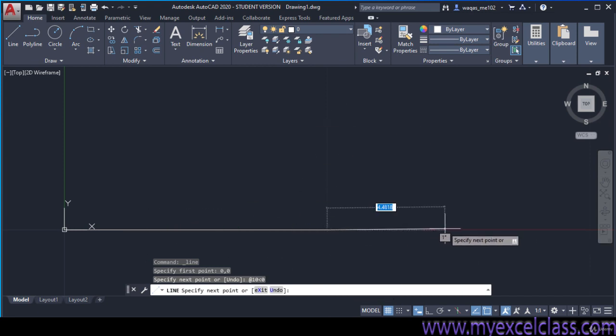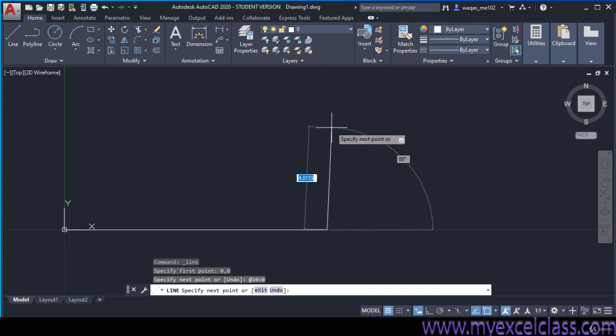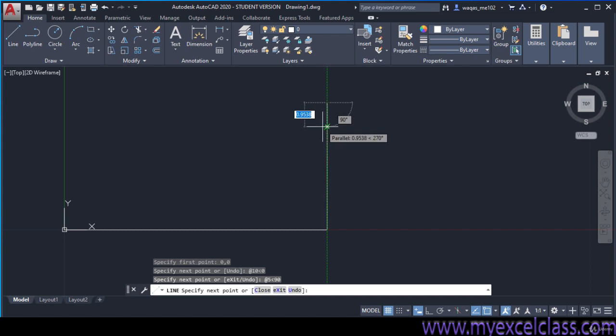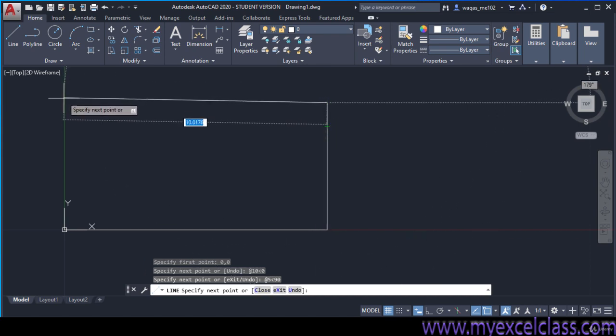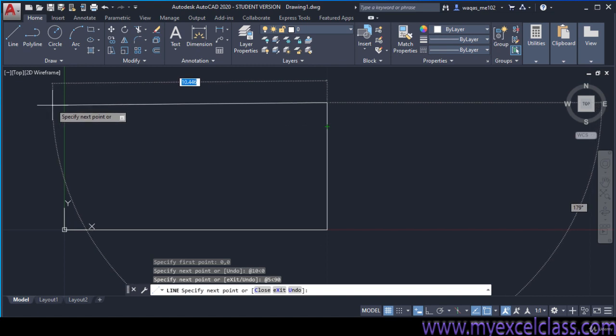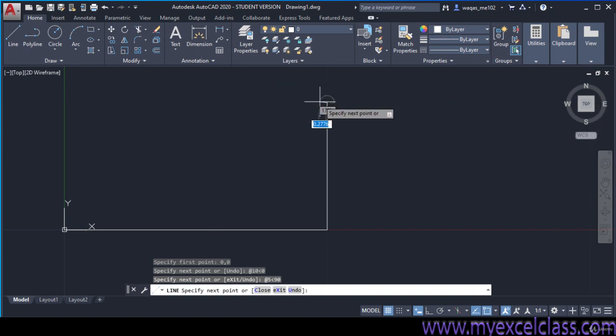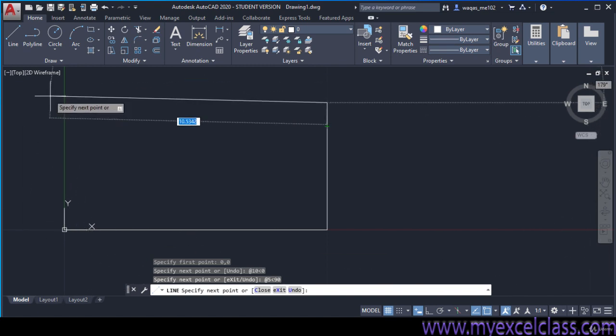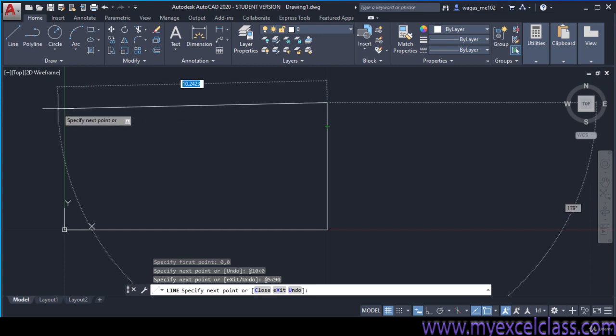So when I want to move 5 at the angle of 90 degrees, I will write 5 at the angle of 90 degrees. So what will be the next point? That will depend upon the length and the angle with respect to the overall reference. That will be 10 at the angle of 180.